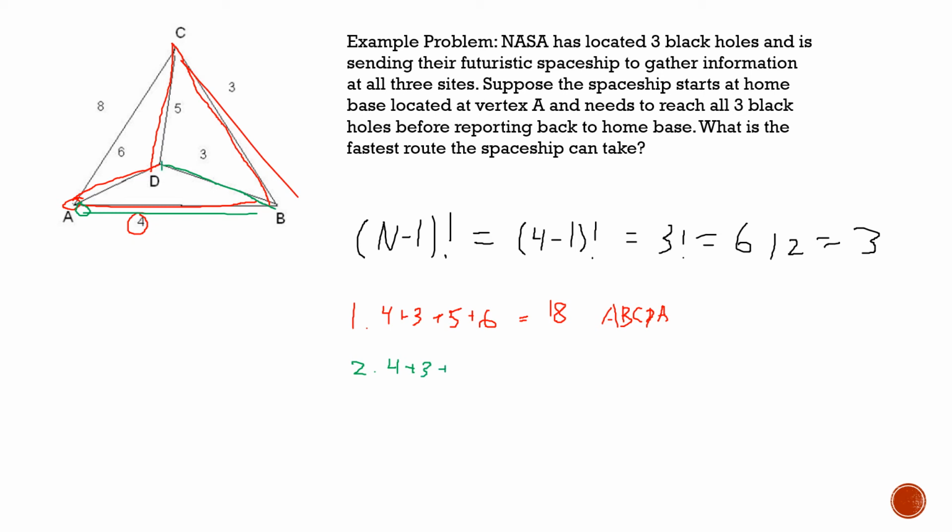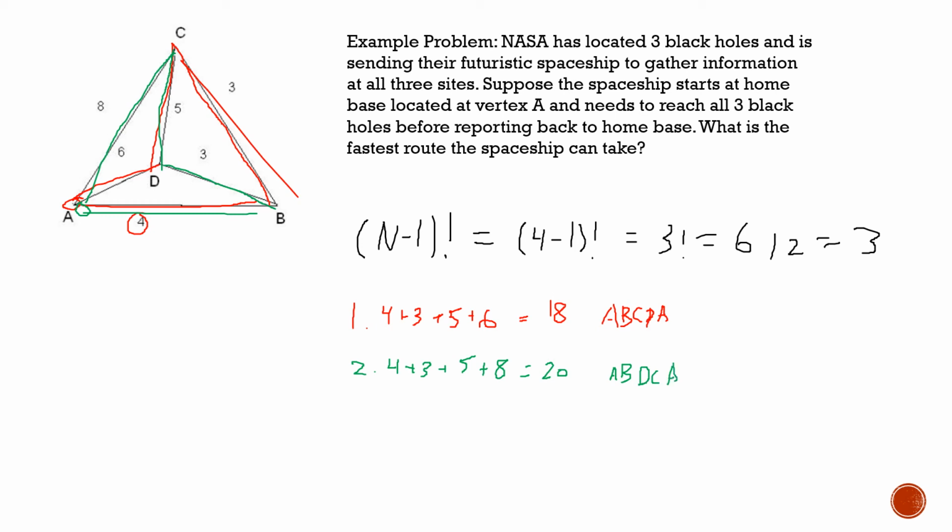And from D, we'll go to C, plus 5. And for C, we'll complete the circuit and go back to A, plus 8. If we total that up, we'll get a weight of 20 for circuit A, B, D, C, A.